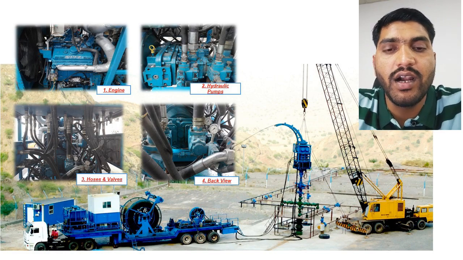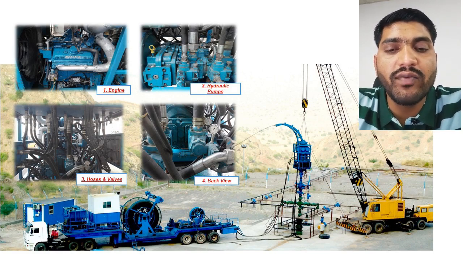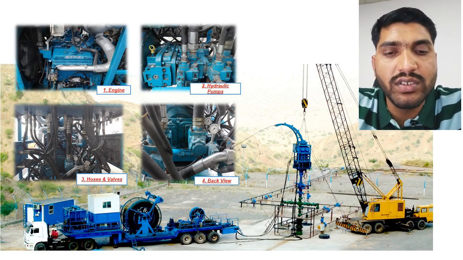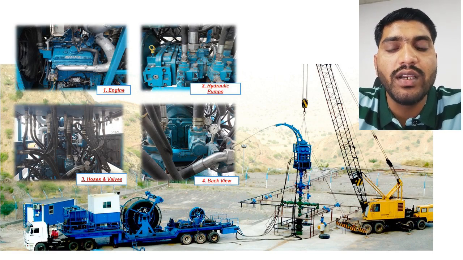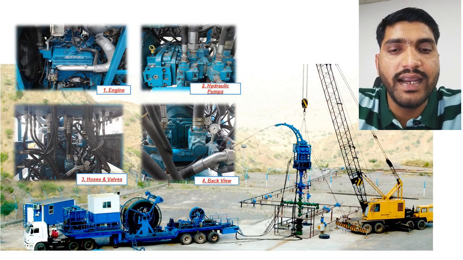Simply, a system composed of hydraulic oil, hydraulic hoses, hydraulic pumps, hydraulic motors, which transmits the power from the source to the ultimate component that needs to be driven, is called a hydraulic system.